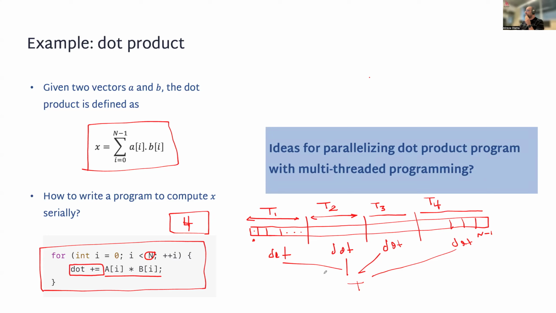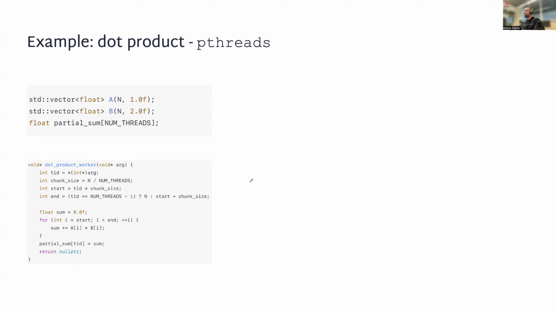So here we are manually controlling everything, the number of threads, how we divide the work between threads, and other things. So let's see how we can do that using the pthread library. Here we have two arrays. In this case, I use C++ vectors, A and B, right? And then I defined an array called partial sum with number of threads elements.